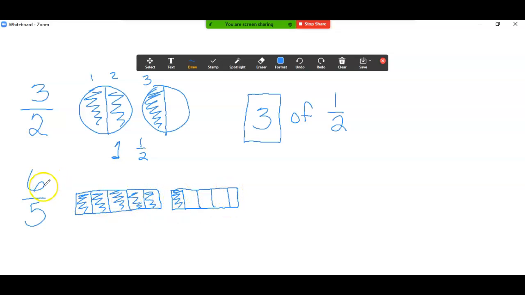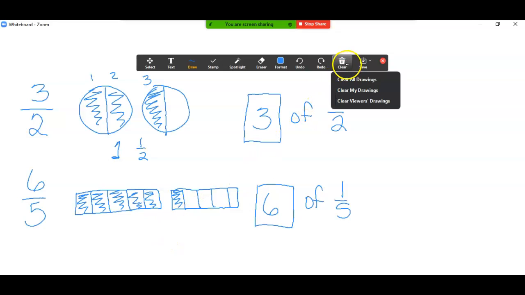Now I have 6/5. Okay, so how many groups of, this would be 1/5, do I have? 6. Okay, very good.